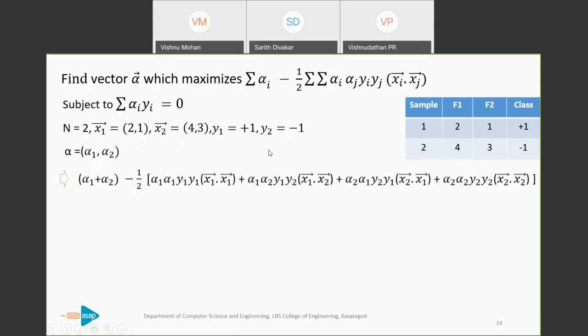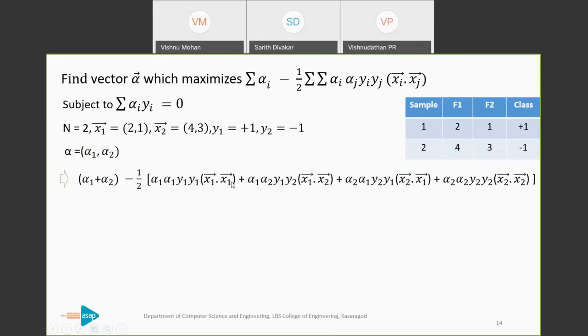When I substitute these values into this expression, the term sum of alpha i will become alpha 1 plus alpha 2, minus 1 by 2 into the double summation. For i is equal to 1, j is equal to 1, you get alpha 1, alpha 1, y1, y1, x1 dot x1.